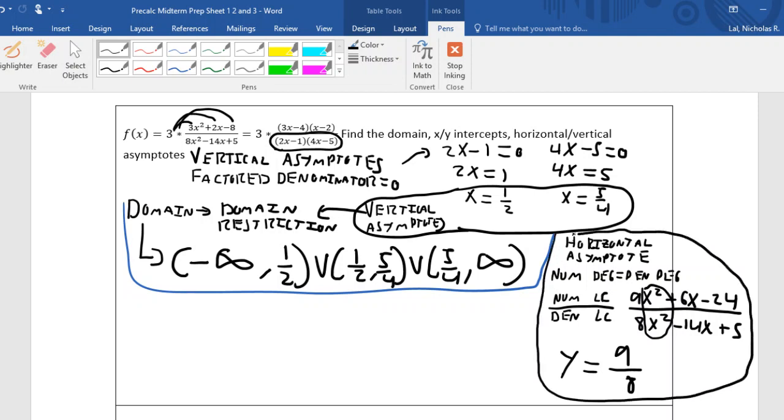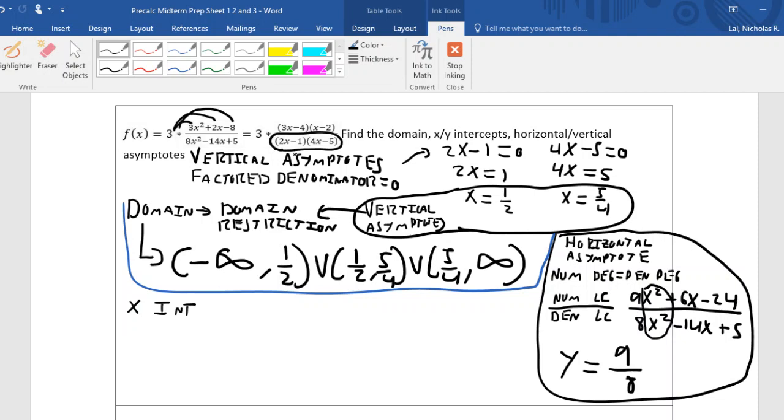Now for my x-intercepts, I set the factors in the numerator equal to 0. And here's the deal: with the x-intercept, y is equal to 0.